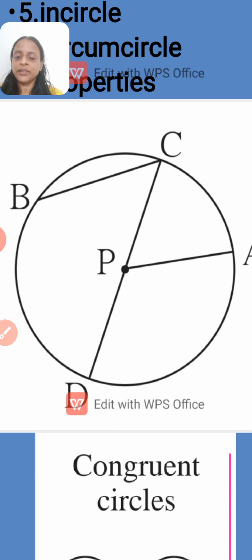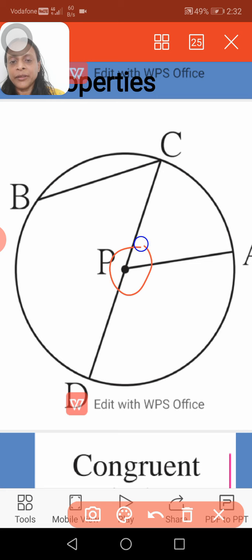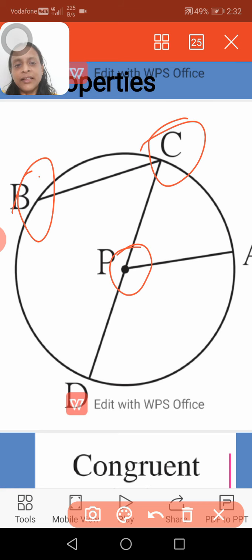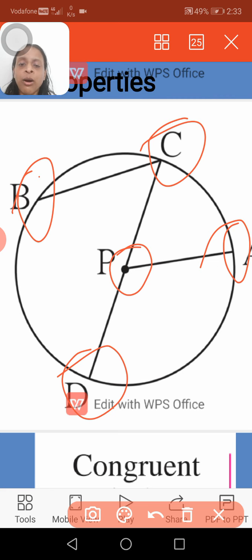So here you can see, from this point P, the points B, C, A, and D, and all other points on this circle, are situated at a fixed distance from this point P. Such a group of points situated at a fixed distance from a fixed point is known as a circle.